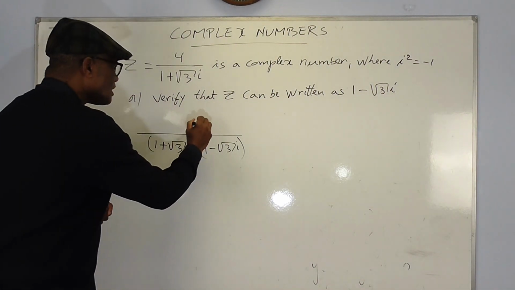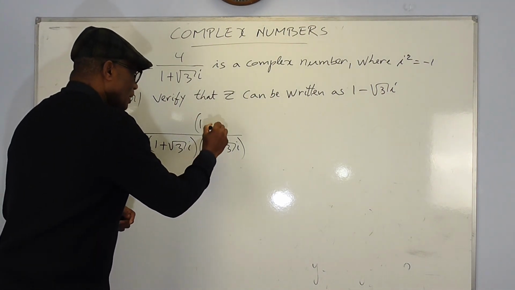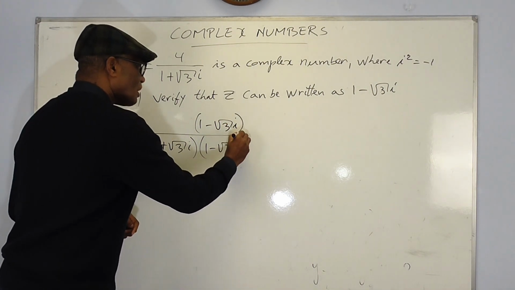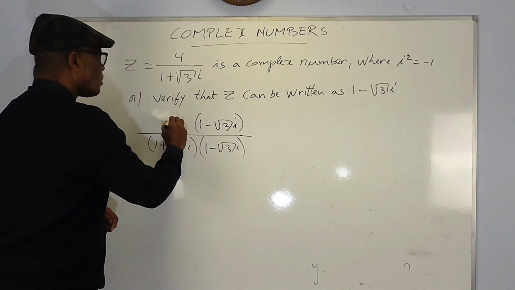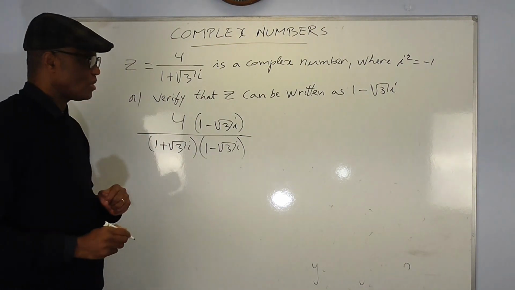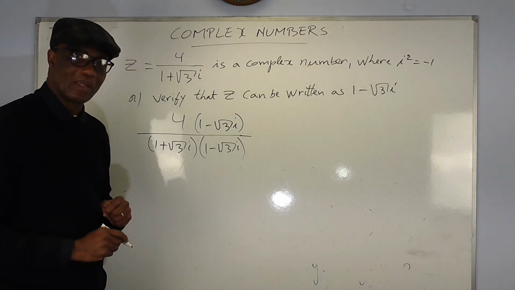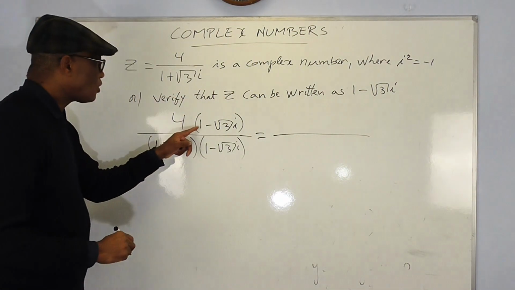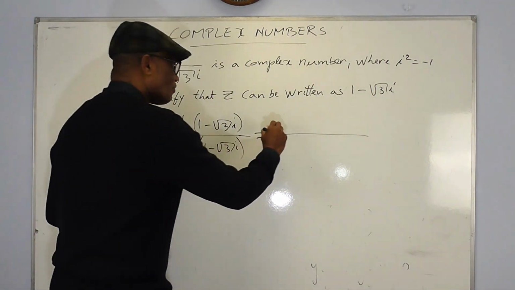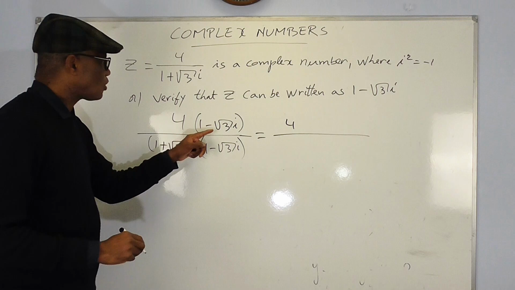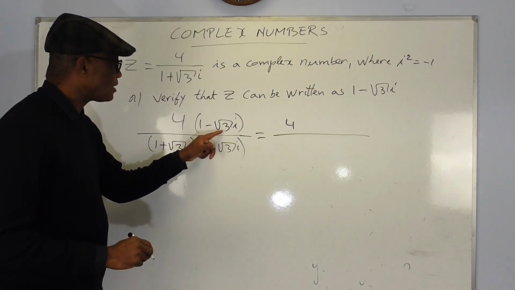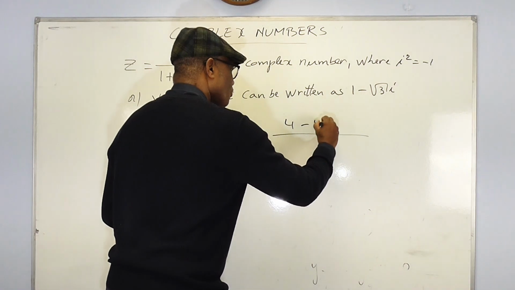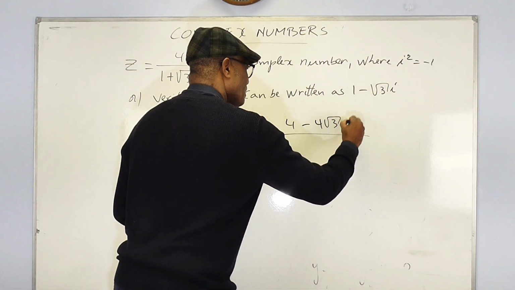Now the same conjugate, we put it here on the top, multiplied by the 4 that we already have there. Now, 4 multiplied by 1 will give 4. 4 multiplied by minus square root of 3 i will give minus 4 square root of 3 i.